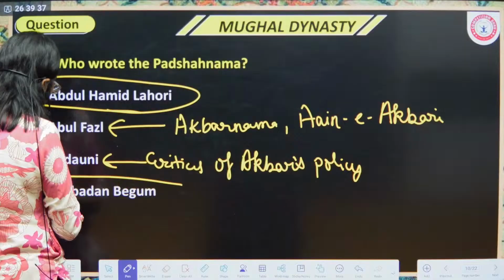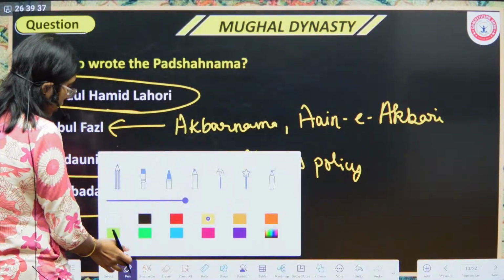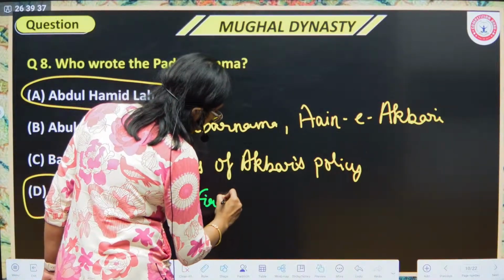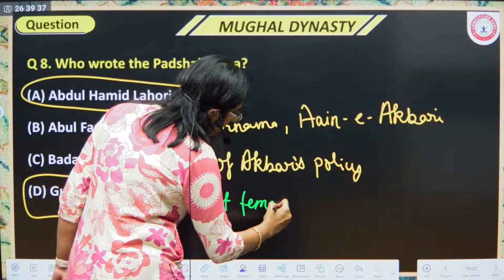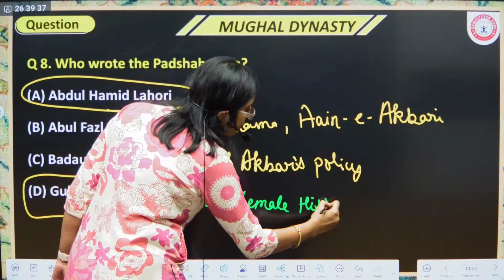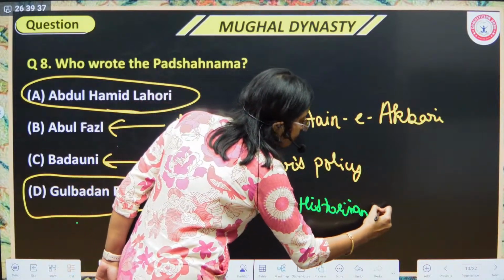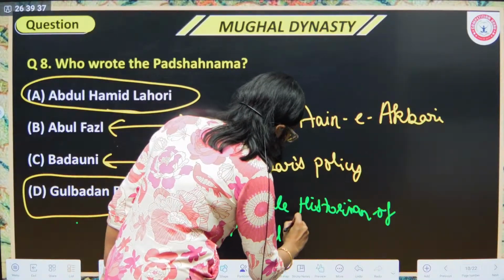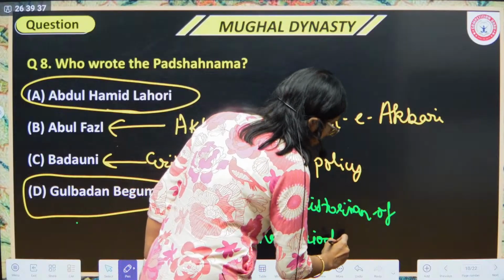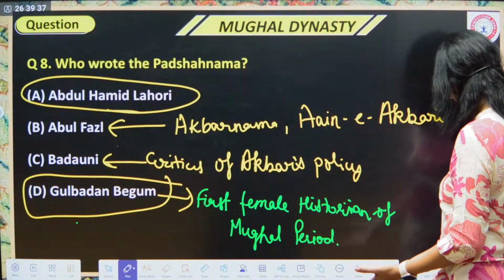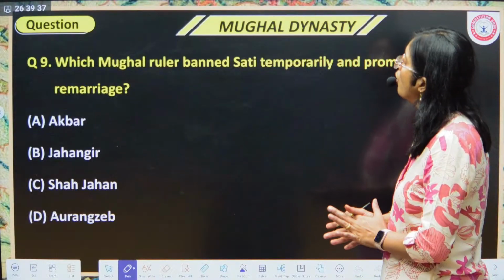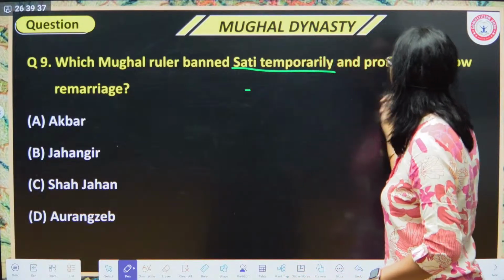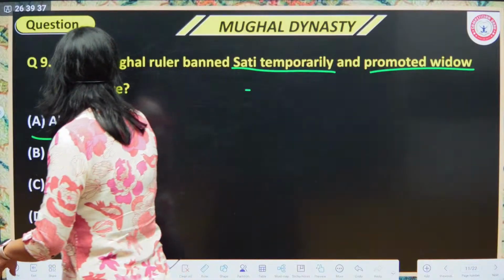And Gulbadan Begum. She was the first female historian of the Mughal period. Right. So you can see which Mughal ruler banned sati temporarily and promoted widow remarriage. It was Akbar, right?